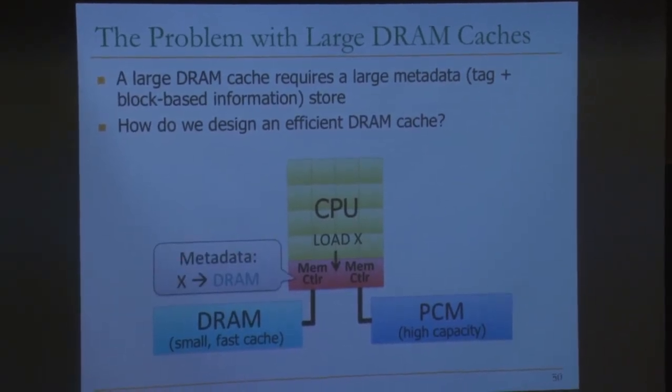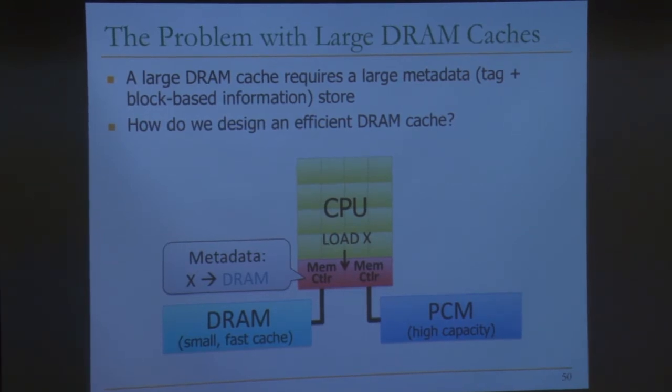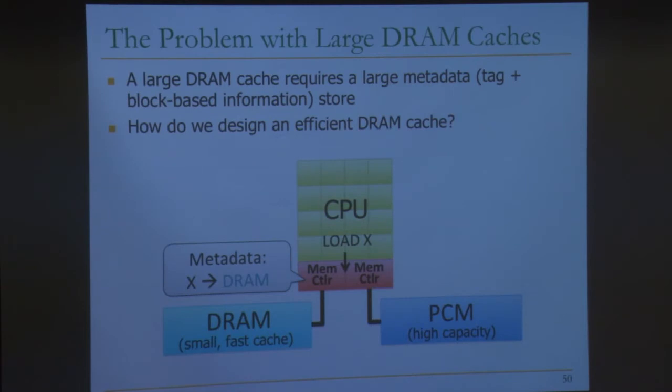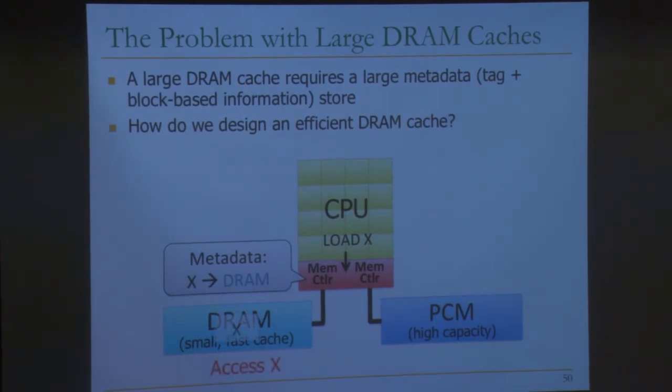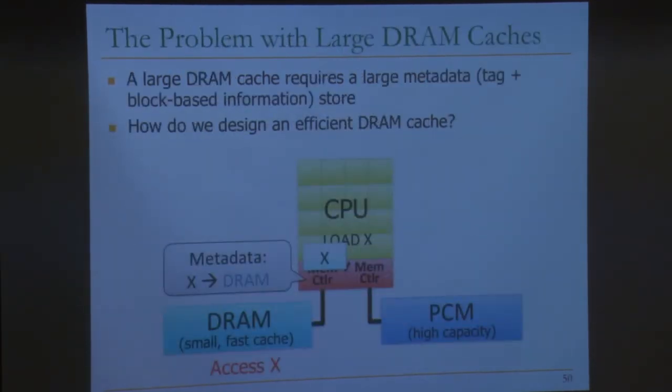And we're going to need to look at some metadata that's probably in the memory controller that tells us where this data is located. Do I find the tag for this data in my tag store? If so, then I want to access the data from DRAM. In this case, we found it in DRAM, so we'll actually perform the access and then transfer the data across the bus.